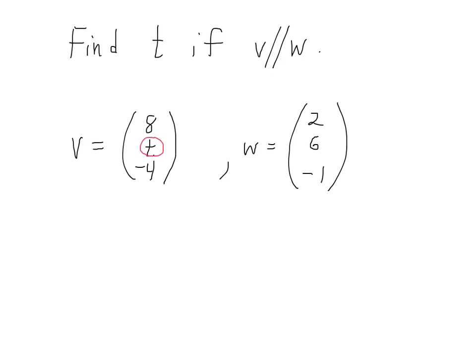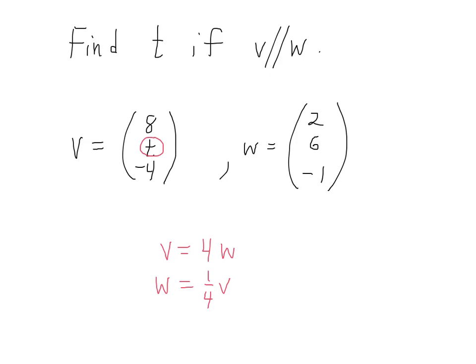So look at the relationship here. If we compare the x components and the z components, notice that to get our vector v, we would have to take vector w and multiply it by 4. So this scalar would be 4. If you reversed it, vector w is found by doing a quarter of v.